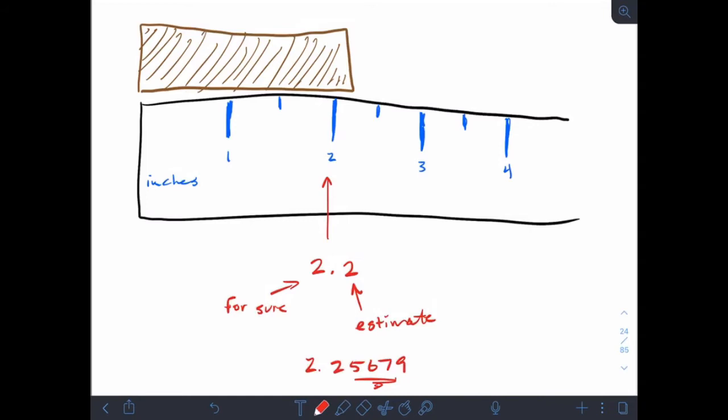So for the tool that we have, the best that we can reasonably report is one estimated digit. And it all depends on how many markings you have on your ruler. So let's say I add some more markings to my ruler.